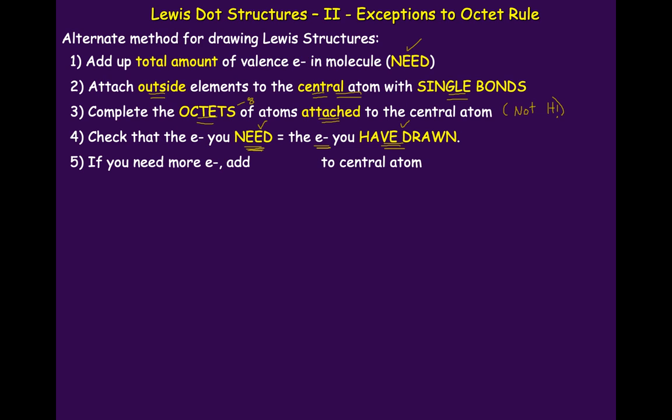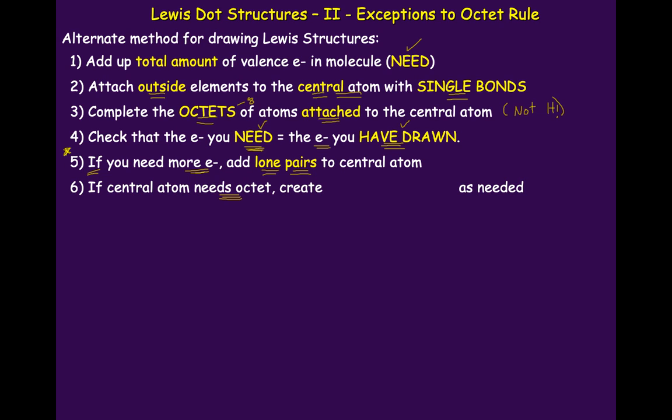Now, 5 is important. 5 and 6 are "if" steps. If you need more electrons and you haven't drawn enough, then you're going to add lone pairs to increase your total. That's important to know. I know it's crazy looking at all these rules, but once it starts to flow quickly, you'll see it's easy. And number 6, if the central atom needs an octet and you've drawn enough, you can't add more.